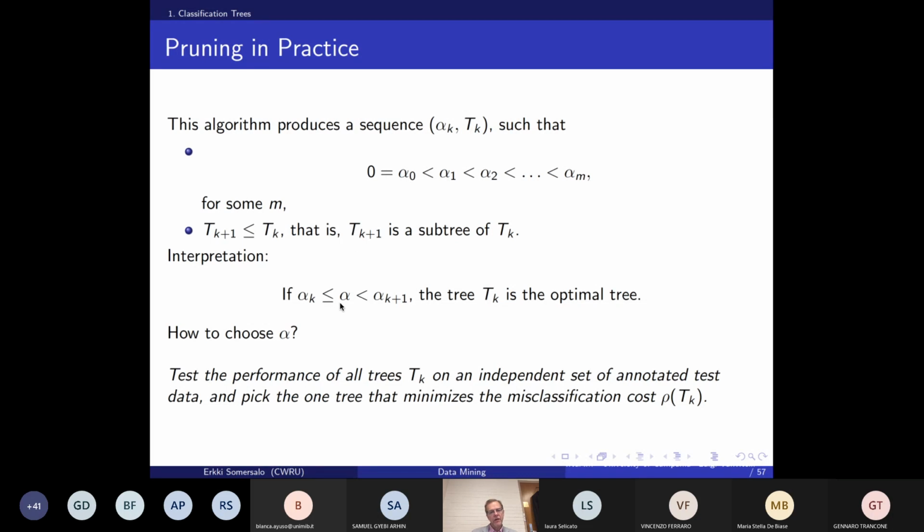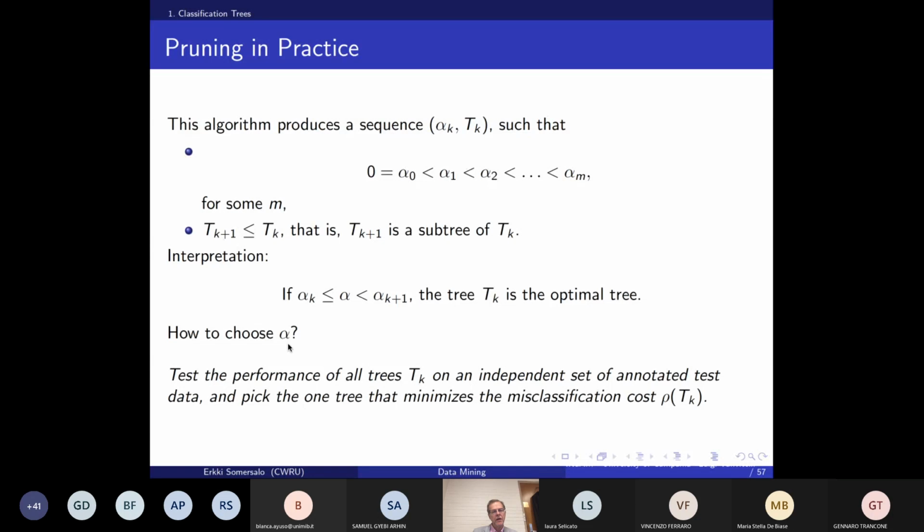So I can divide my interval of alphas into smaller intervals, and in each interval I always know which one of those trees is the optimal tree. And when I'm moving up, then I have to change the tree. So I have created discrete values of alpha.